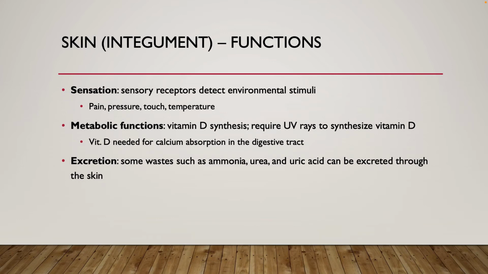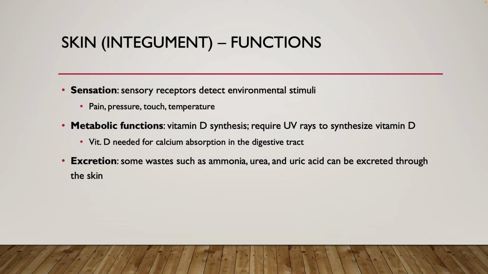We have metabolic functions associated with our skin as well. So, vitamin D is synthesized in our skin whenever cholesterol comes in contact with ultraviolet light, and we need the active form of vitamin D, which is sometimes called calcitriol. We need it for calcium absorption within our digestive tract.